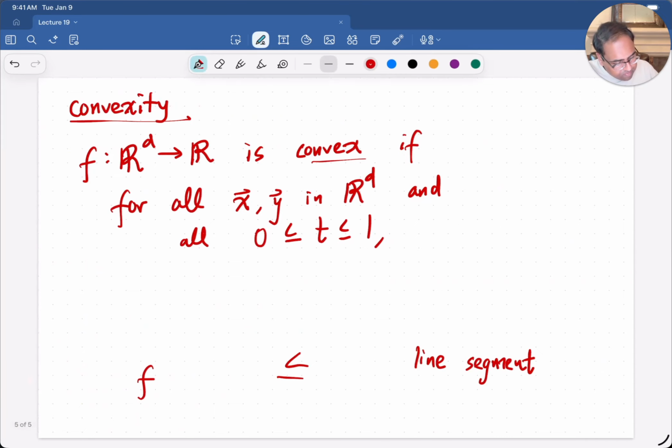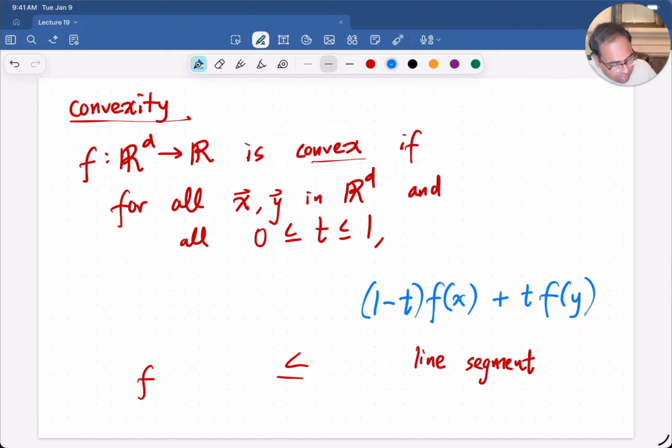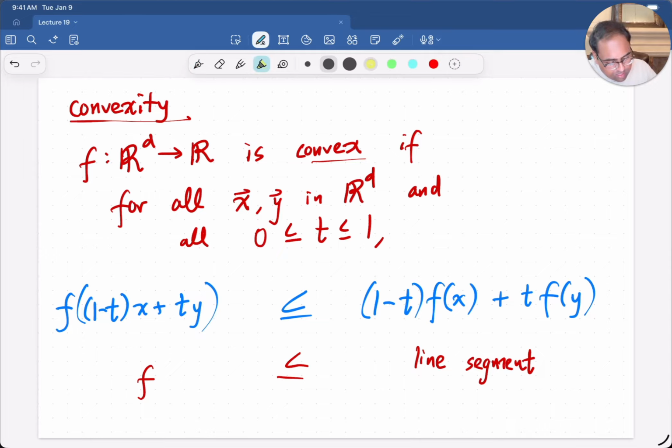So I'll put that here. 1 minus t f of x plus t f of y is greater than or equal to the function of 1 minus t x plus t y. This right here is the formal definition of convexity.